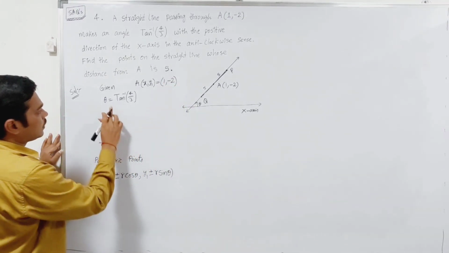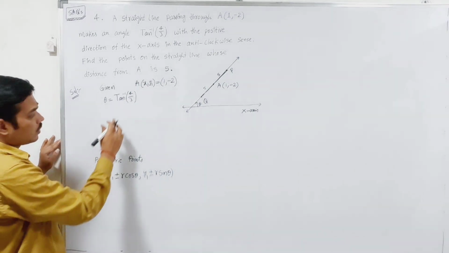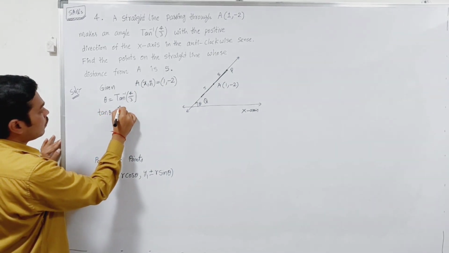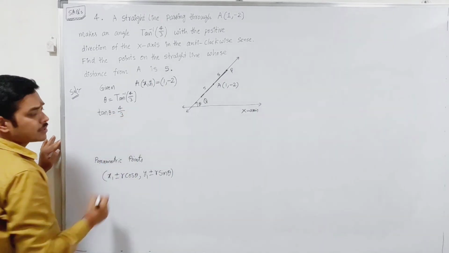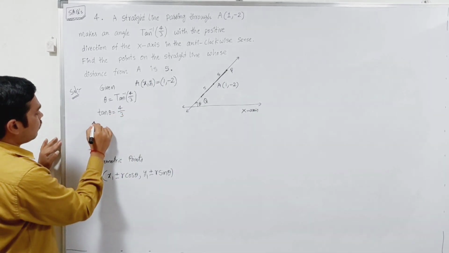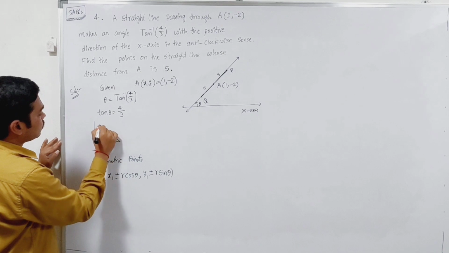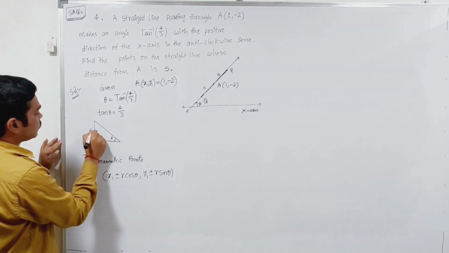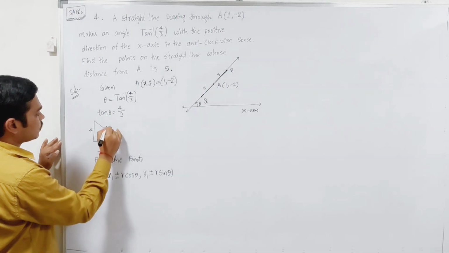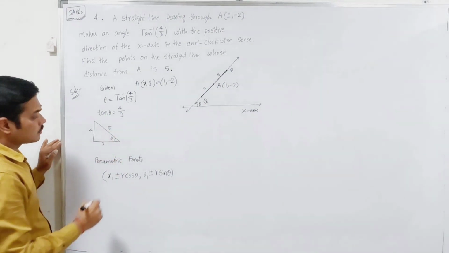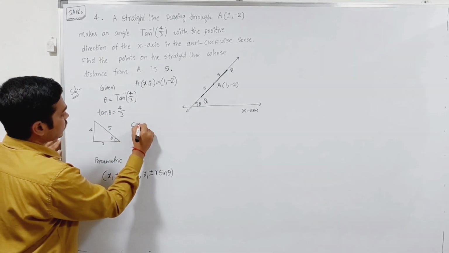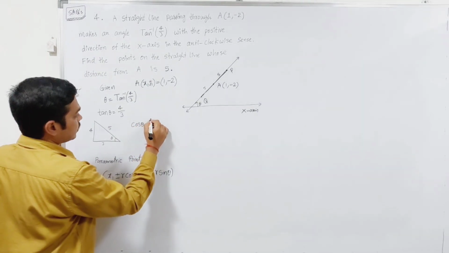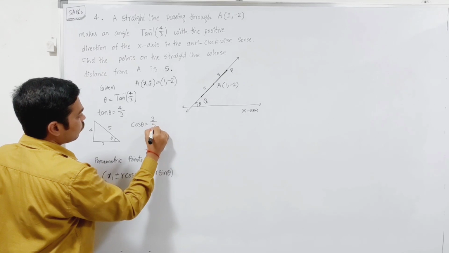Next, theta is tan inverse of 4 by 3. From this, tan theta is equal to 4 by 3. Apply the Pythagoras rule. For example, this is the right angle triangle, take theta here, this is 4, this is 3. From the Pythagoras rule, the hypotenuse is equal to 5 units. From this, cos theta is adjacent by hypotenuse, that is 3 by 5.